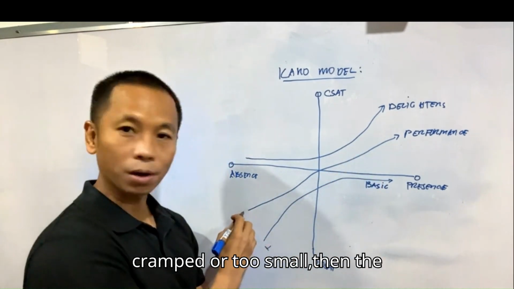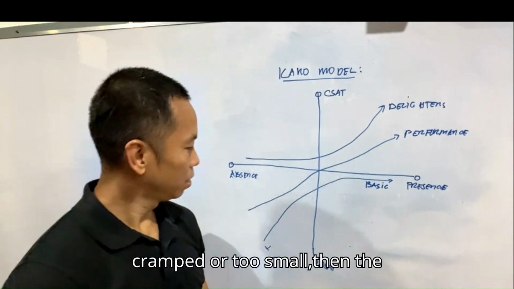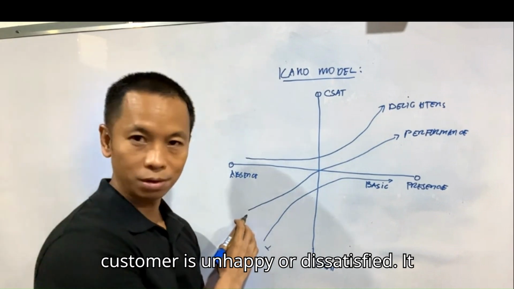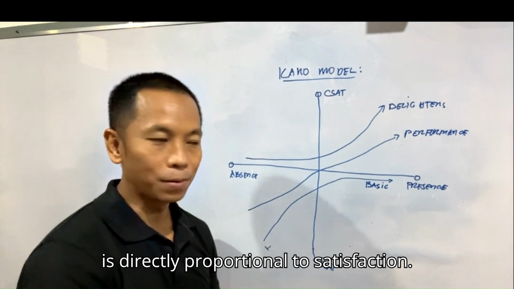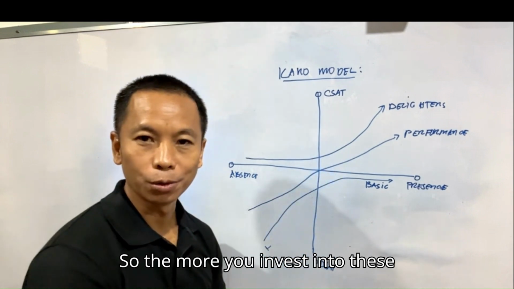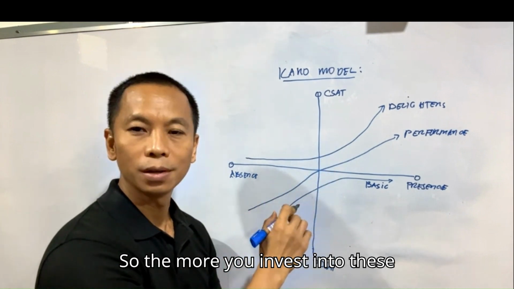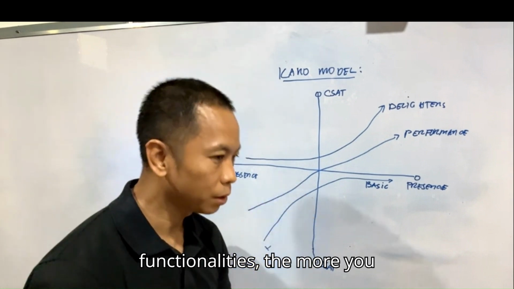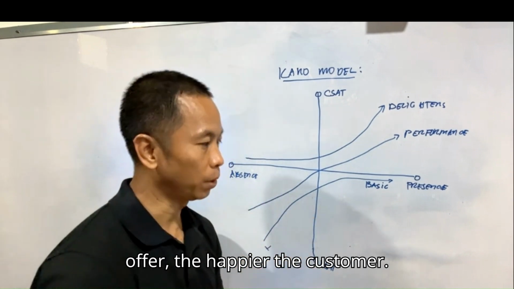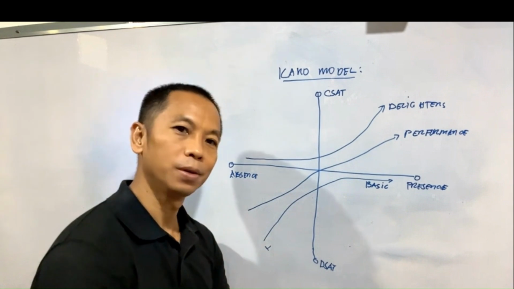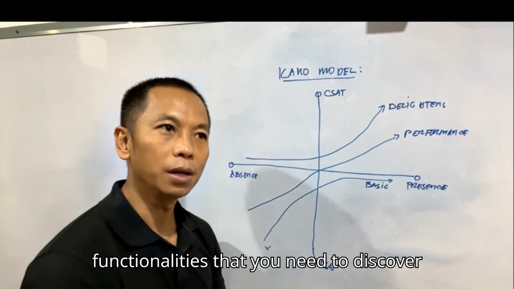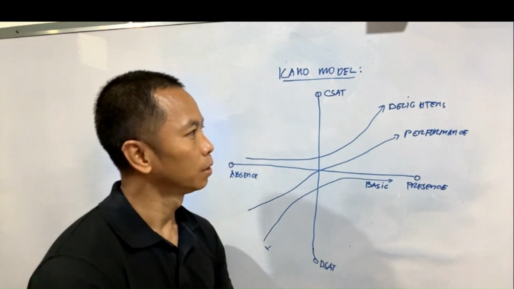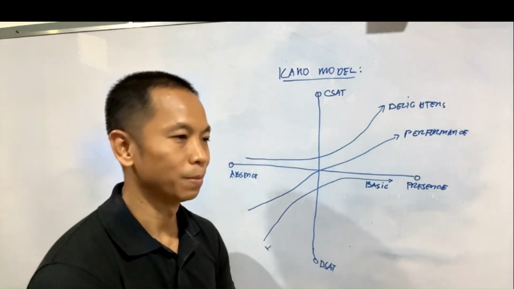And if the room is cramped or too small, then the customer is unhappy or dissatisfied. It is directly proportional to satisfaction. So the more you invest into these functionalities, the more you offer, the happier the customer. So these are the three functionalities that you need to discover in order to be competitive.